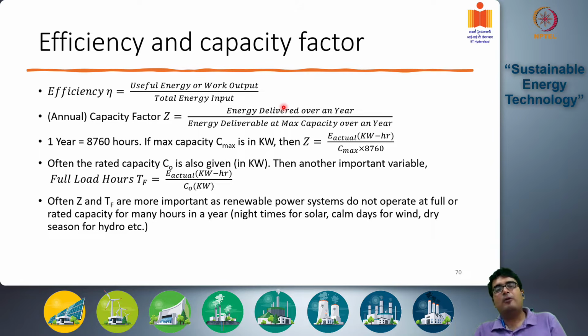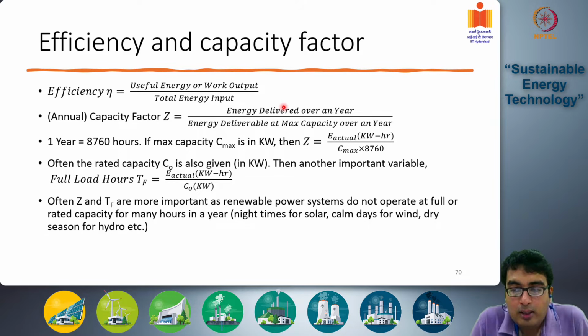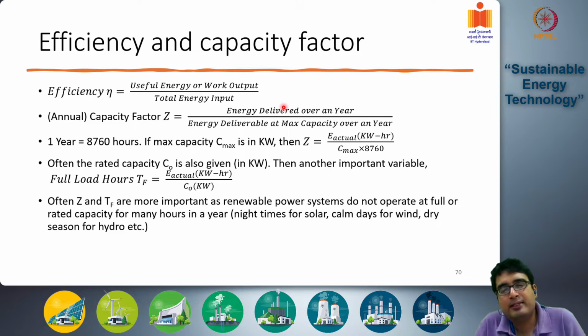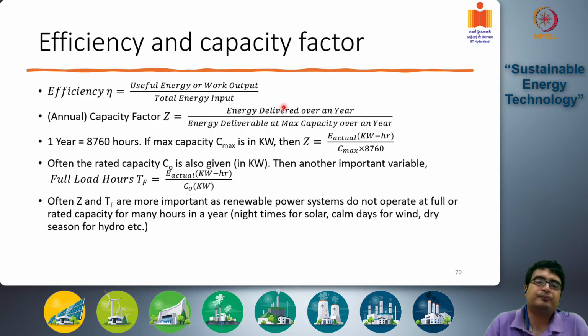So for such power plants, the capacity factor Z is much smaller than, for example, a base load power plant, which runs all year through at its rated capacity. We will discuss how the capacity factors of renewable energy systems make them suitable primarily for peak power or intermediate cycling power plants, whereas base load power plants are much more difficult to replace by renewable energy systems.